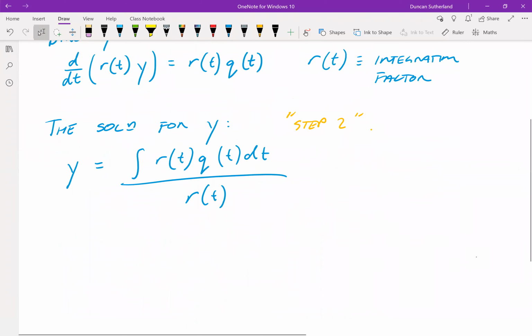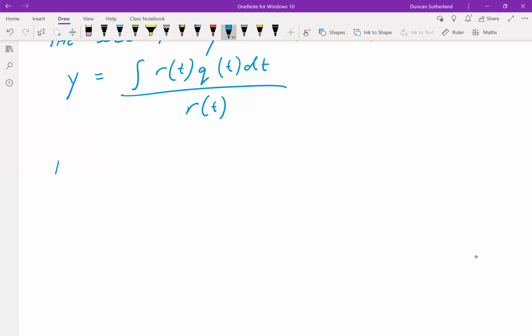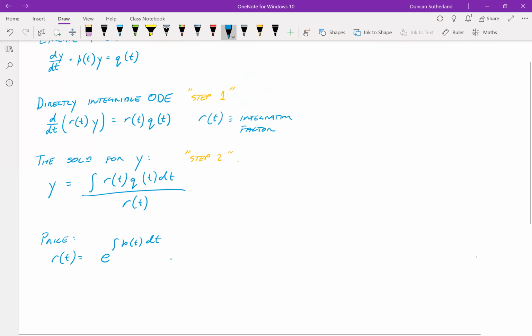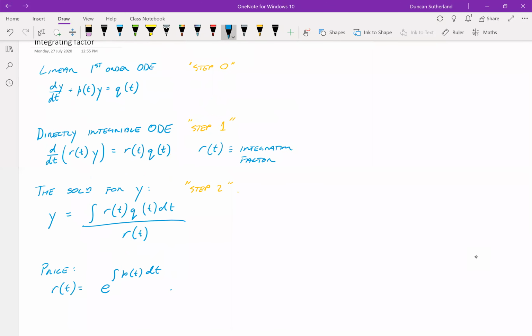The price we pay for this is that the integrating factor is quite unfortunate. It's the integral of p inside an exponential.